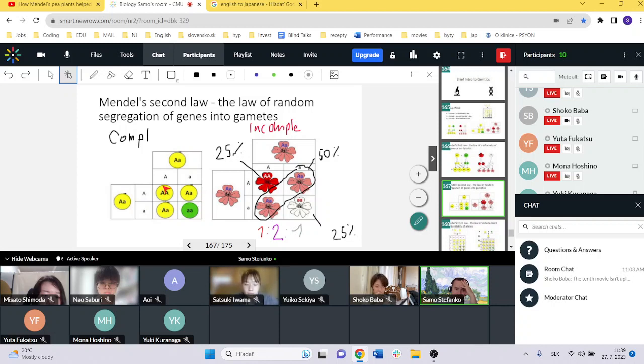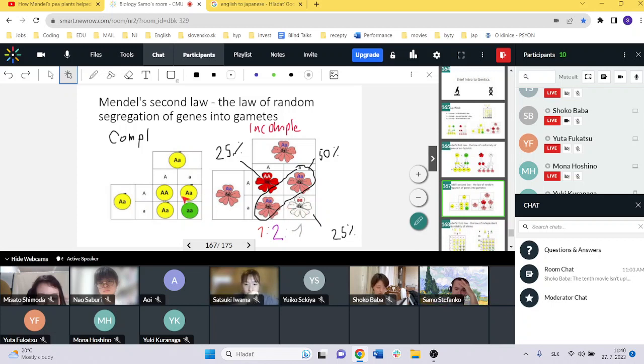However, what is related to phenotypes or regarding phenotype, what would be ratio for phenotype? We had in incomplete dominance one red flower, two pinkish, and one white.